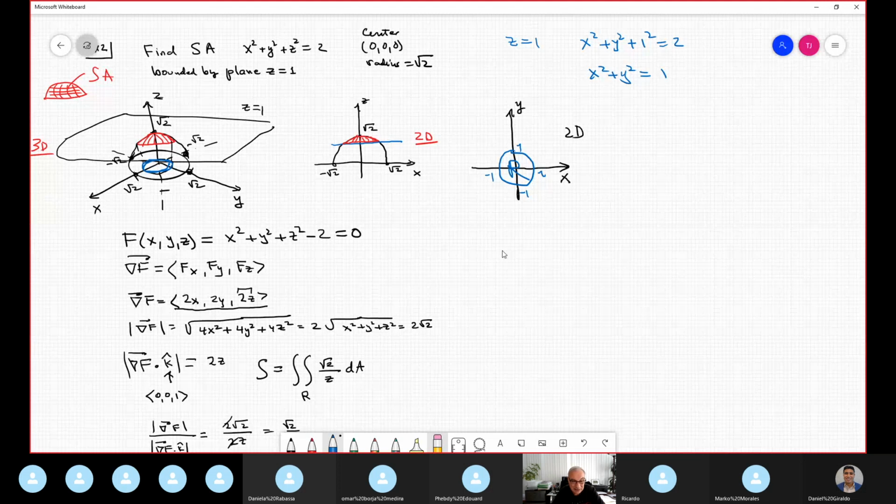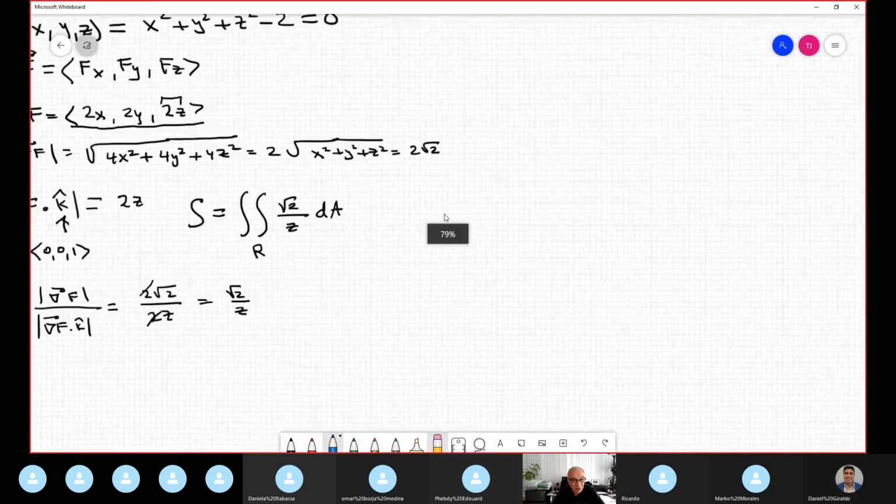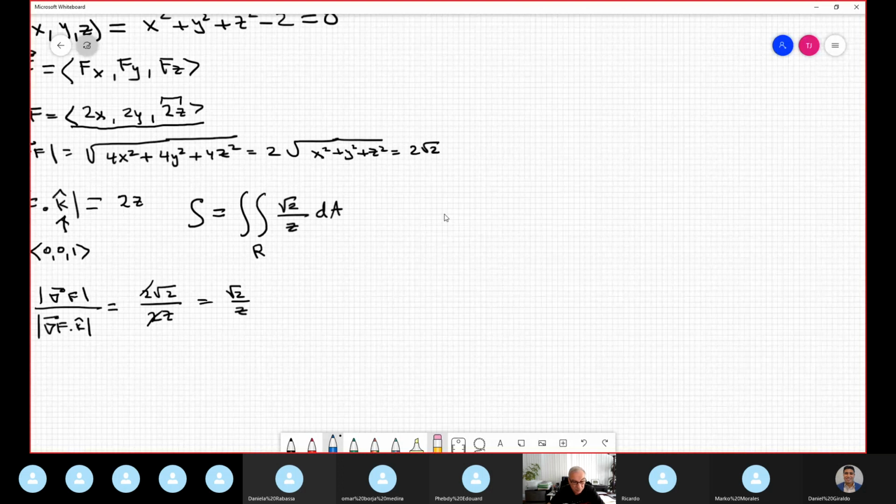Easy. At least for me it's easy because I use polar, definitely polar. Radical 2 is a constant. In the double integral I need to express z.